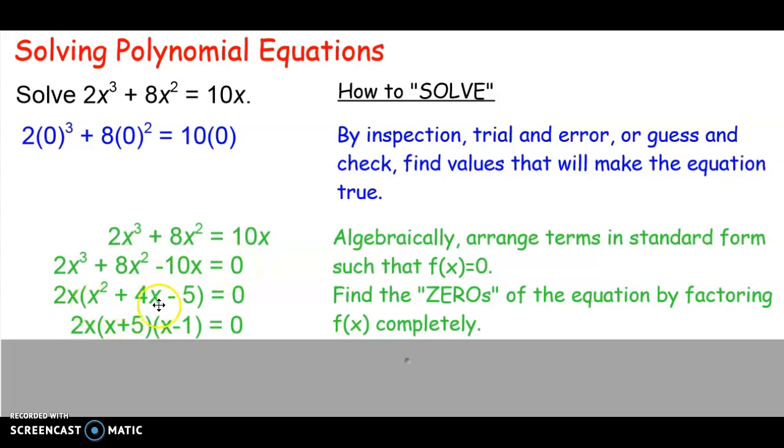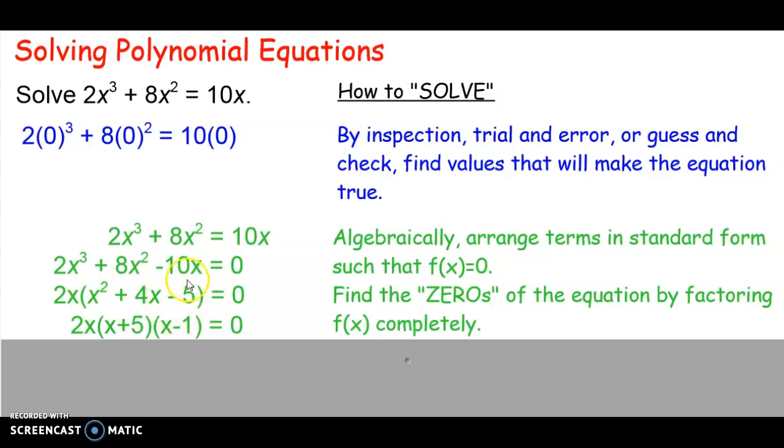We can begin factoring the polynomial by using the greatest common factor. The GCF is 2x. Dividing each term by the GCF, we get x squared plus 4x minus 5 is equal to 0. Now to complete the factorization process, we can use the x method to factor the quadratic trinomial.